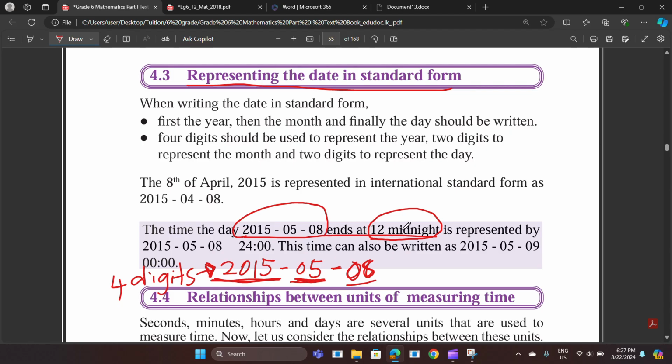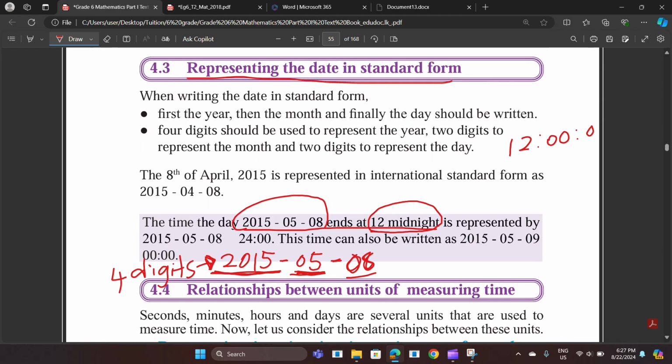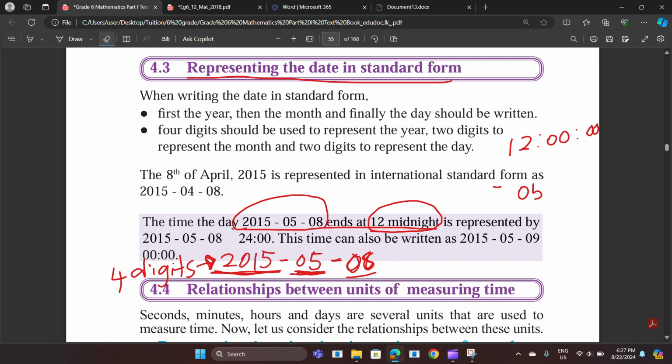How to represent 12 midnight? 12 noon is representing as this. 12 midnight is representing as, we have already written this.